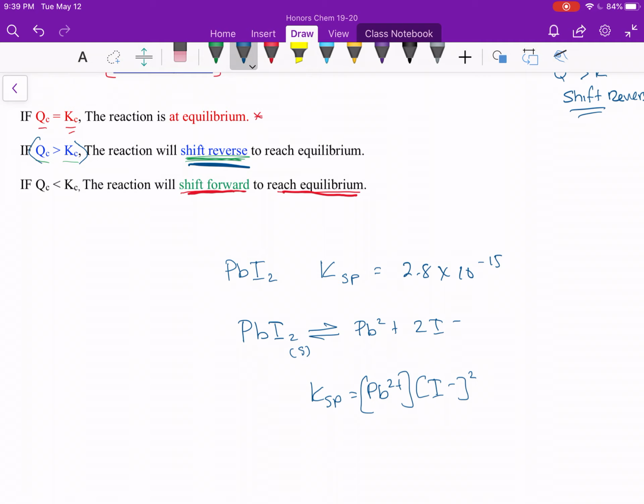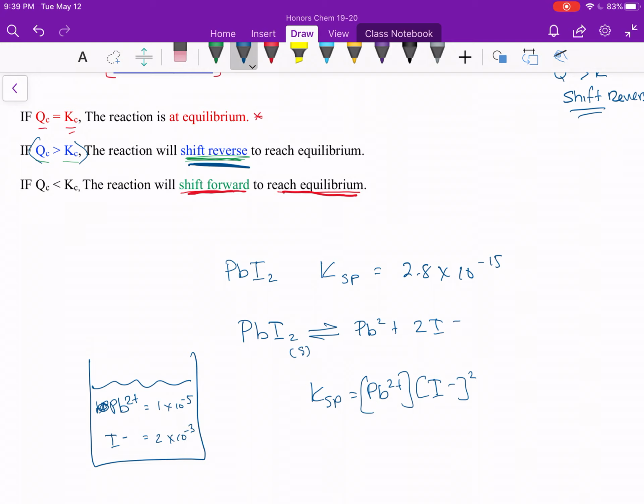And let's say I have these two solutions, and I mix these two ions together, where the concentration of Pb2+ in my solution is 1 times 10 to the negative 5th, and the concentration of I minus in my solution is 2 times 10 to the negative 3rd.